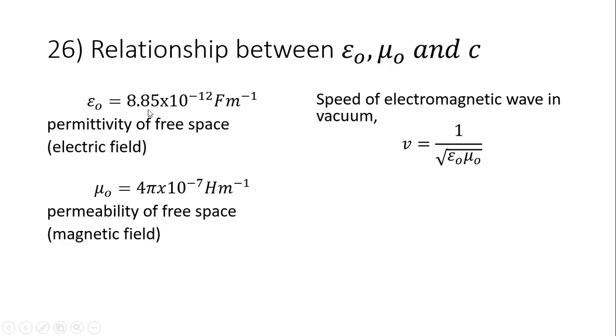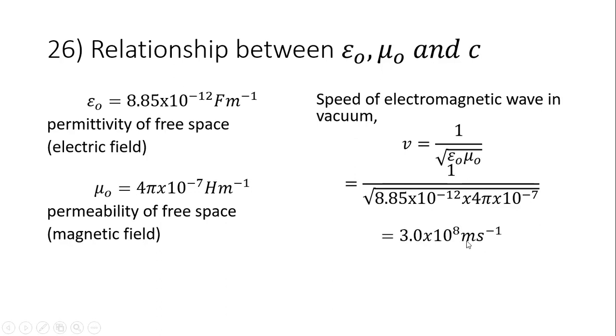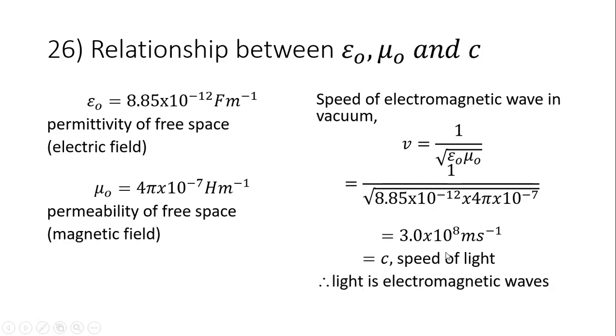Then we put in the two values for epsilon naught and mu naught, and then calculate, we get 3 times 10 to the power 8. So this tells you what is the speed of light. So light is an electromagnetic wave. That's all we need to know about this equation.